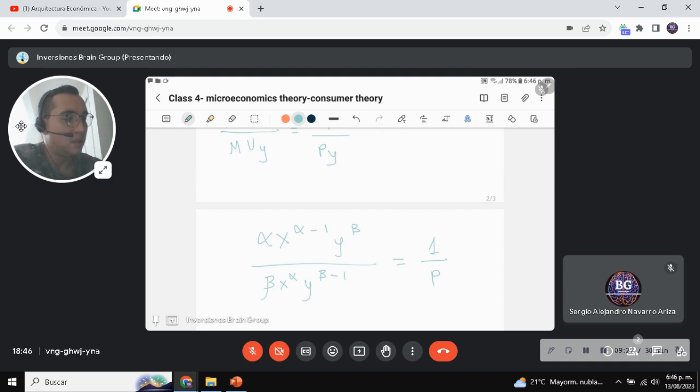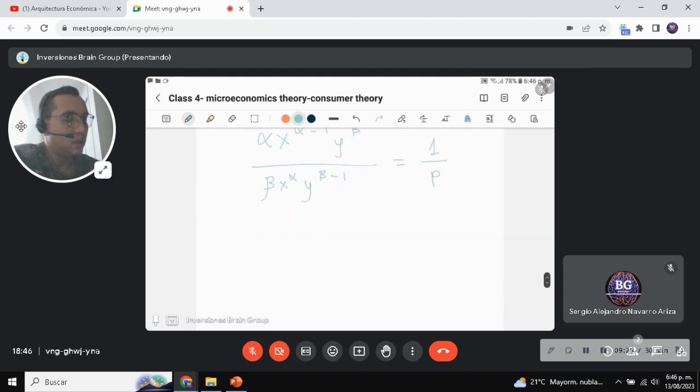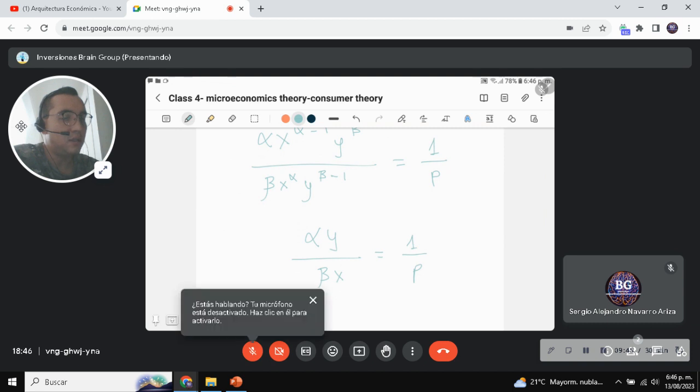Now, alpha y divided by beta x is equal to 1 over p. Simplifying, and using this in the budget constraint and solving it, we get the demand functions.